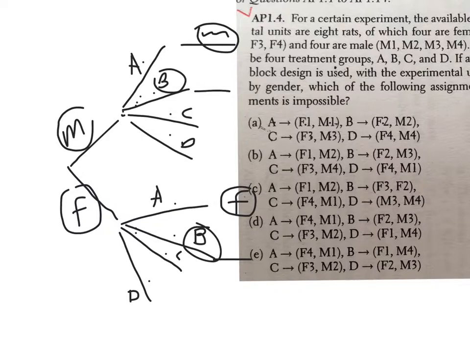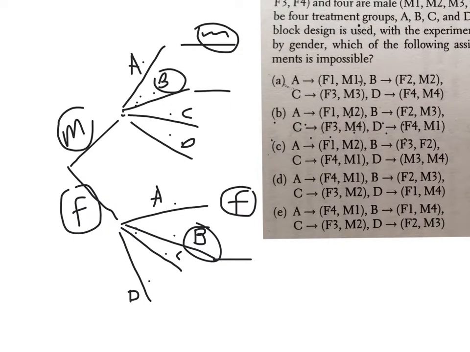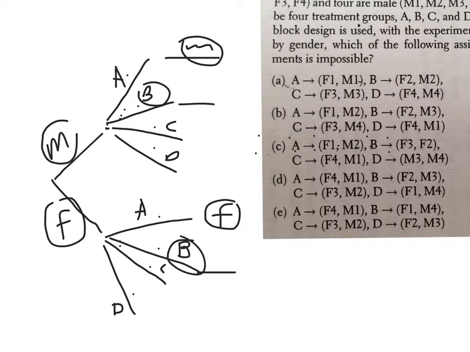So the only one that doesn't make sense is a group that might have 2 males or 2 females, which is letter C. It says that group B would have 2 female rats. You can't have that. It has to be 1 male and 1 female. Okay, hope that helps. Let's go to the next question.